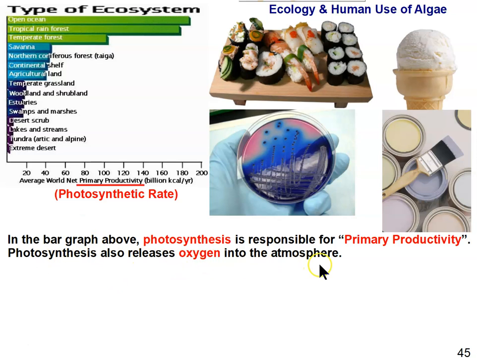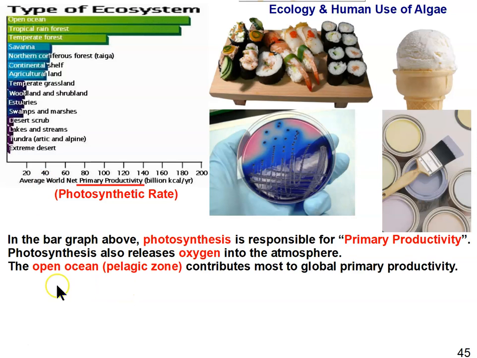Photosynthesis releases oxygen, right? So the open ocean, the pelagic zone, and that would be the photic zone of the pelagic zone, in other words, only the part of the open ocean where light penetrates, contributes mostly to global primary productivity. Notice the bar for the open ocean is not much bigger than the tropical rainforest, but it's big.